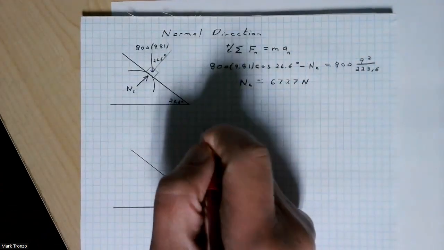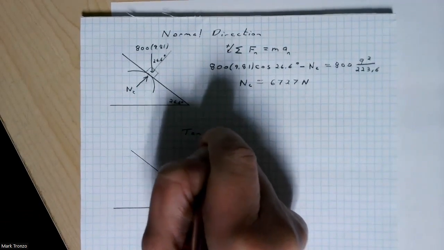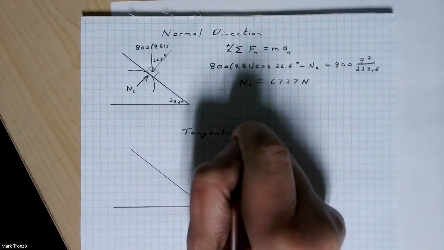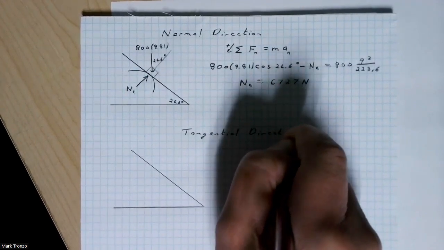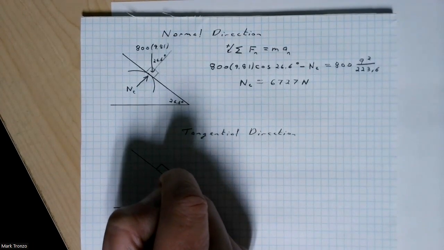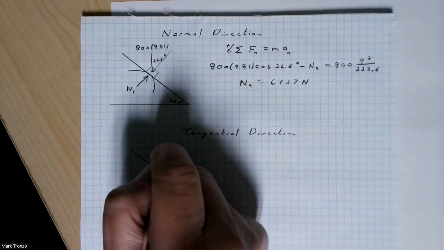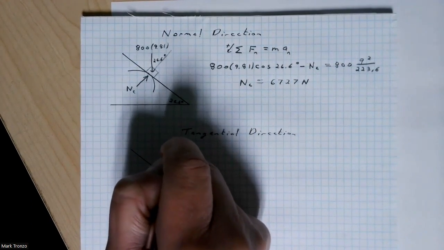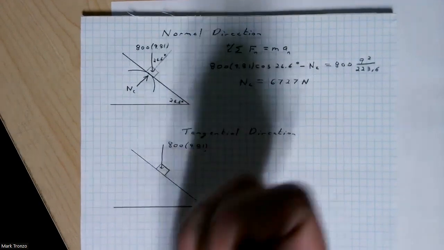And so let's also look in the tangential direction. Again, we're going to have something like this. I won't put the curve in, just to keep from cluttering. Once again, we're going to have this 800, 9.81 going down.